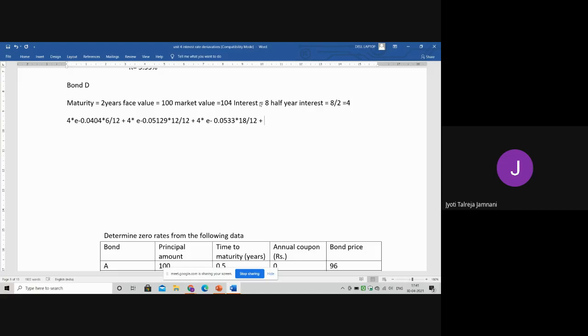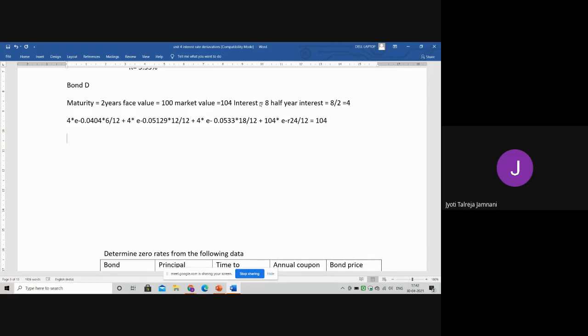Plus this is the last interest, when 2 years will be completed: 100 principal plus 4 rupees interest, 104, into e raised to minus R. We don't know the value of R; we have to find R for this 2-year bond. T is 24 divided by 12, which is 2 years. This is equal to the market value of the bond, which is 104.